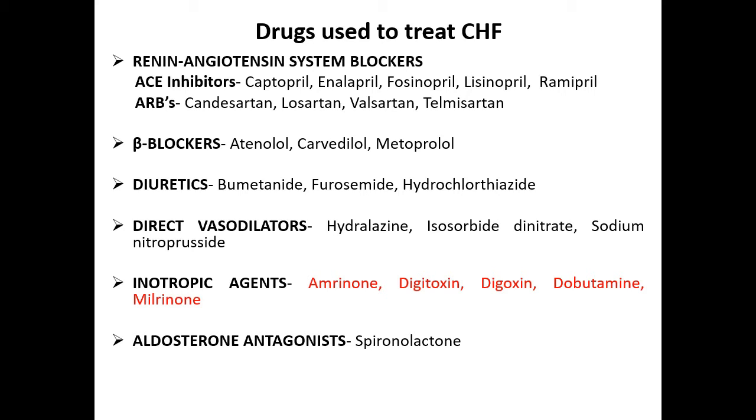All other classes except the inotropic agents we are going to study in antihypertensive, anti-angina and other classes, but inotropic agents are specifically confined to congestive heart failure. So we are going to study this class, the inotropic agents.